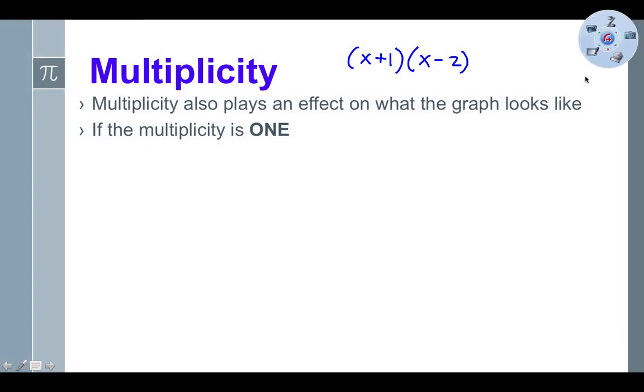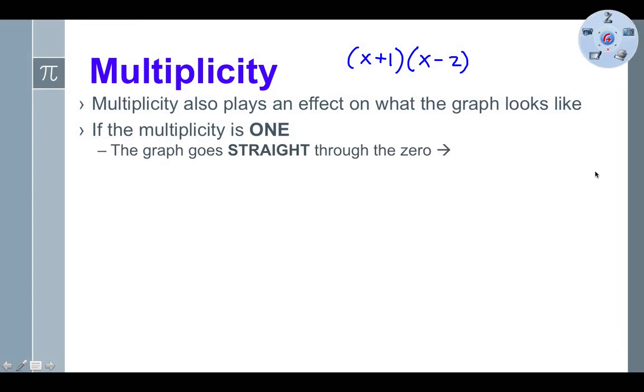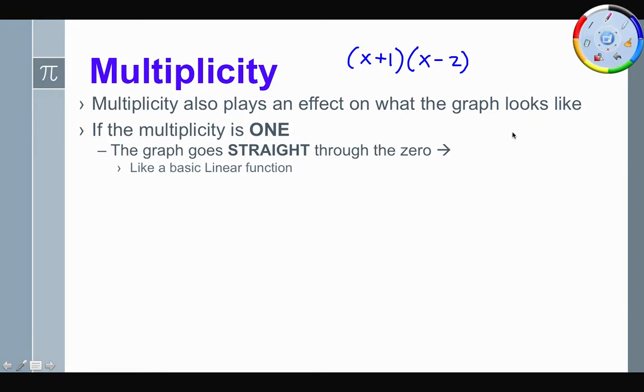When they have a multiplicity of 1, we're going to say that the graph goes straight through the zero. So if we have a zero of -1 and a zero of +2, what we think about is it basically looks like a linear function if you get really, really close. So if we go to graph and we say, okay, here is our zero.